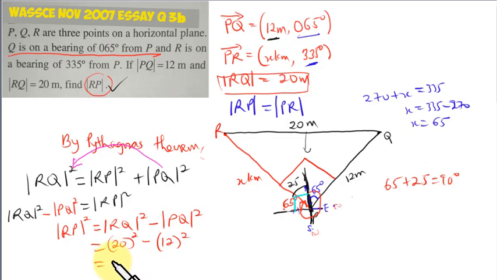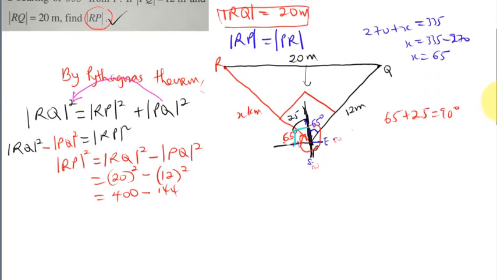So 20 squared is 400. And 12 squared is 144. So let's see what happens here when we subtract 144 from 400. So 144 from 400, that is going to be 256. So the length RP squared is 256. And if we want to find RP but not RP squared, then we have to get rid of the square sign. And to do that, we take square roots of the RP squared.